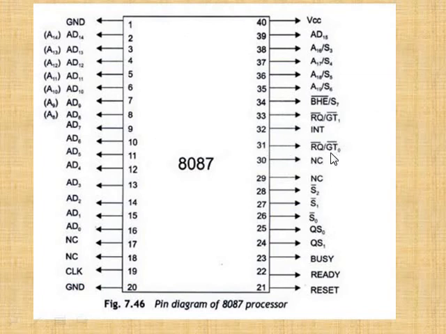It is sent out from 8087 and it is received by RQ/GT1 in the main processor. Once the main processor accepts this request, it grants the control of the system buses and it is given back through pin 33 to the coprocessor.